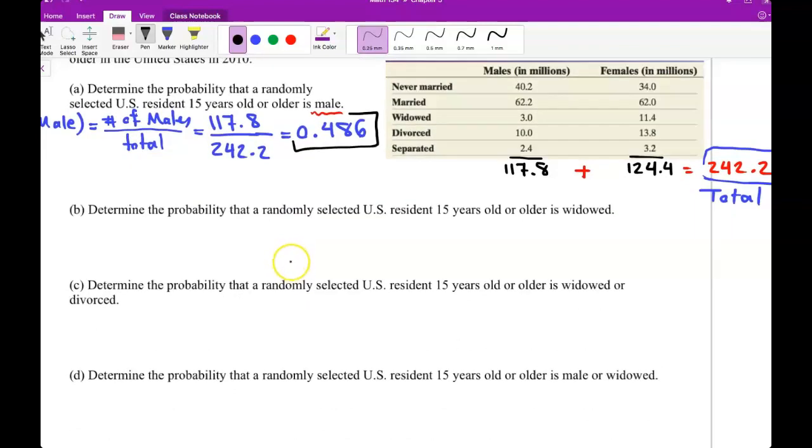Now part B, determine the probability that a randomly selected US resident is widow. So we have this part. And for the male we have 3. And here we have 11.4. So we should add these two. And in total we have 14.4.